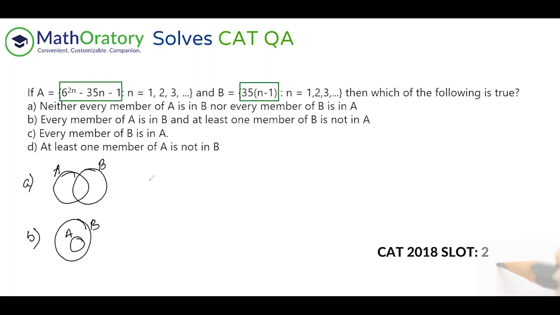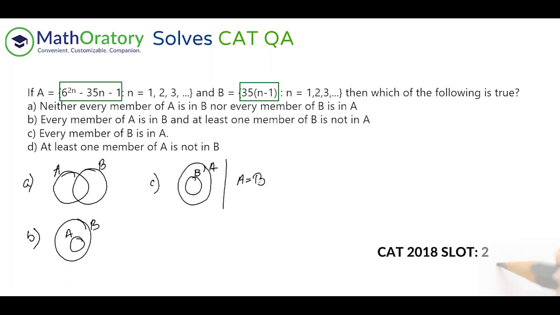Great. C says every member of B is in A. That can have a couple of possibilities. One possibility could be this, or the other possibility could be A equal to B, for example, the same set actually.